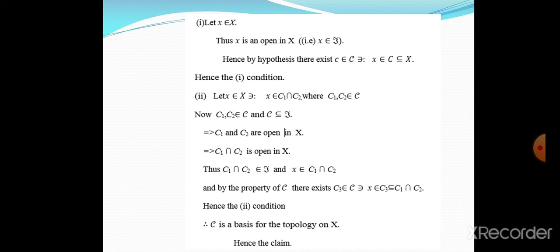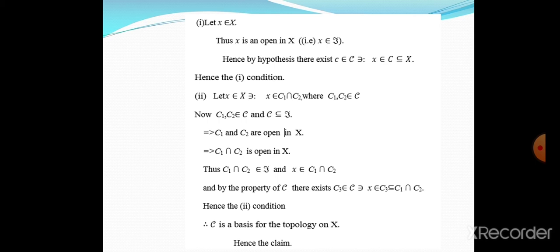Okay, next, the second condition: let small x belong to capital X such that x belongs to C1 intersection C2. In that basis definition, that is B1 intersection B2, where B1 and B2 are basis elements, but here C1 intersection C2. Here C1 and C2 are basis elements, so they belong to the basis script C. Now C1, C2 belong to script C, and script C is a subset of tau.